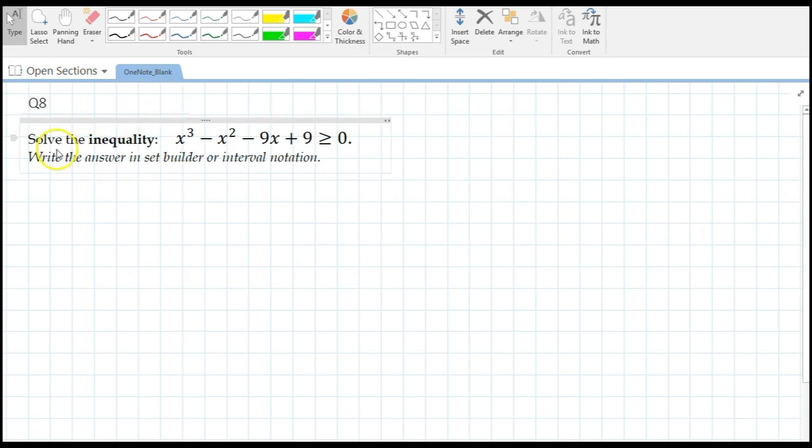Now question number 4. Solve the inequality. So we're going to rewrite our inequality and we're going to factor. We have here a polynomial. We have 4 terms, so we have to factor by grouping.